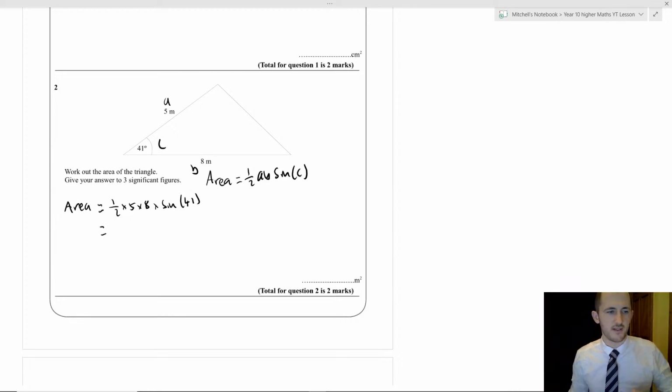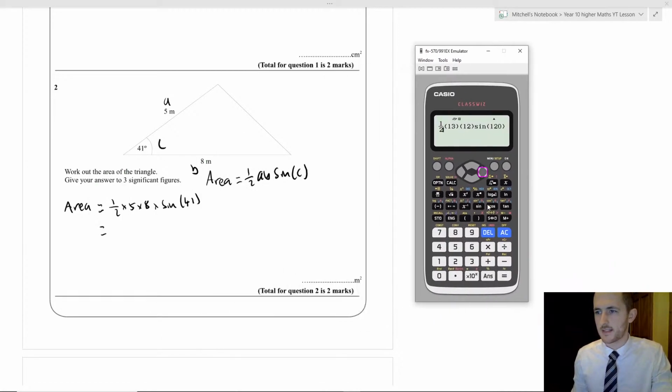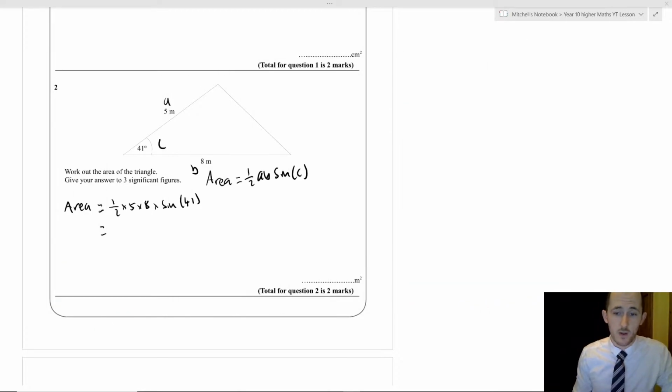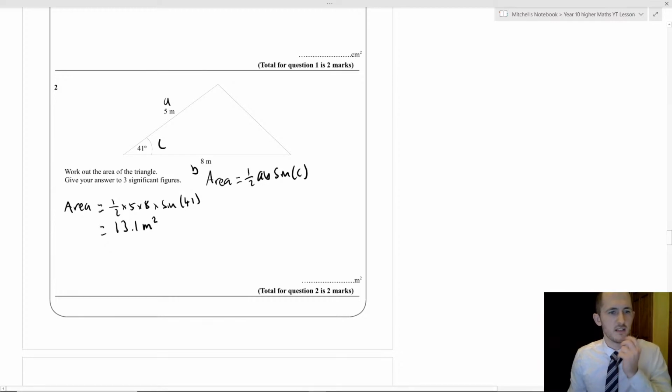I don't like that very much, but just showing you that there are different ways of writing these things. So instead of 13 we have 5, instead of 12 we have 8, instead of 120 we have 41. 3 significant figures, 13.1 meters squared this time. So again, pay attention to the units. Is that okay for the area? Lila, Evie, is that all okay?